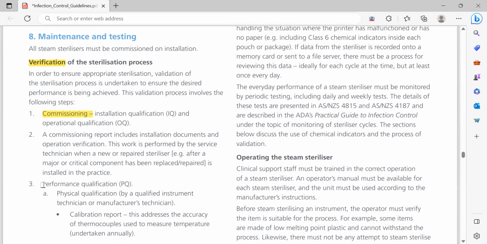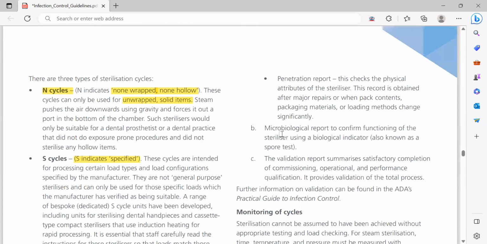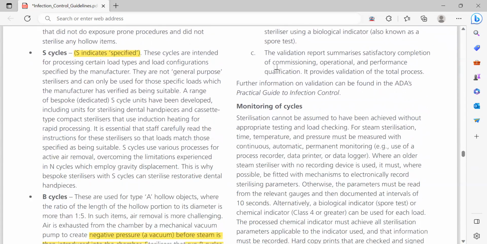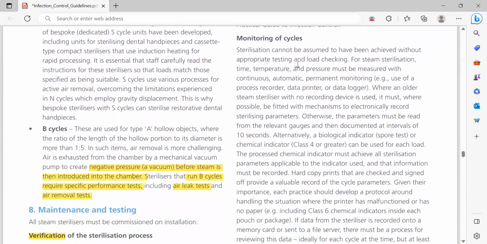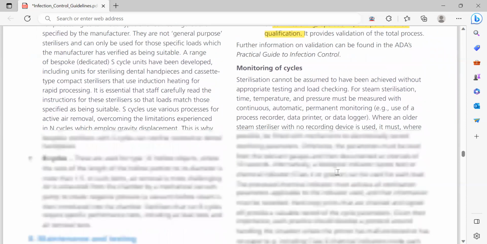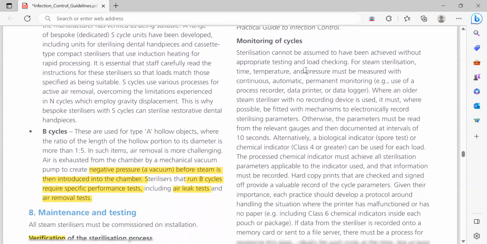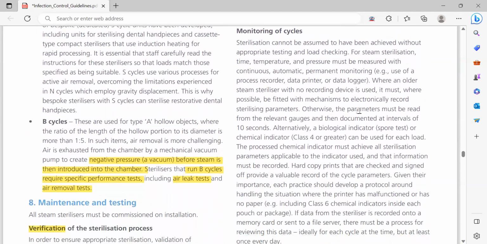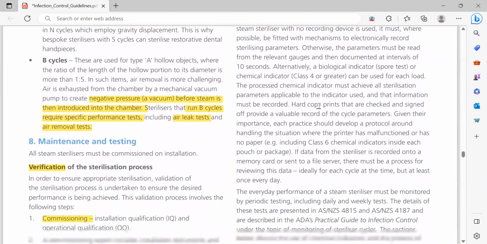Then for the performance qualification, there are certain tests that the technician would do to make sure your sterilizer is working fine. Some of the tests include the microbiological report, and validation summaries would include commissioning, operational and professional performance qualification. Then monitoring of cycles, where the parameters must be read.